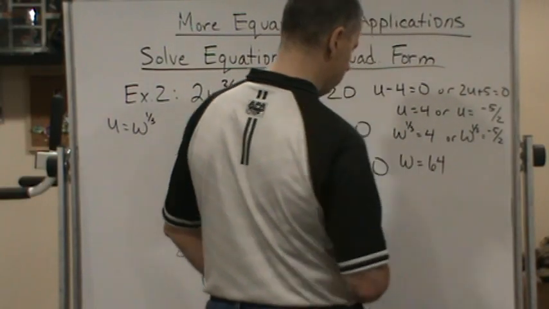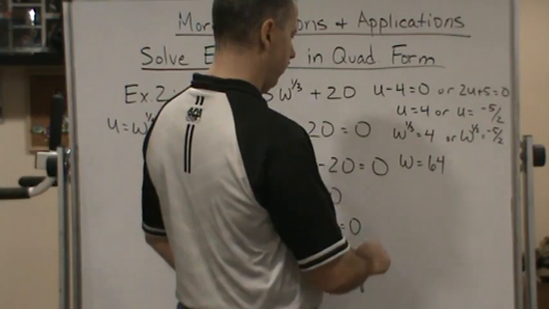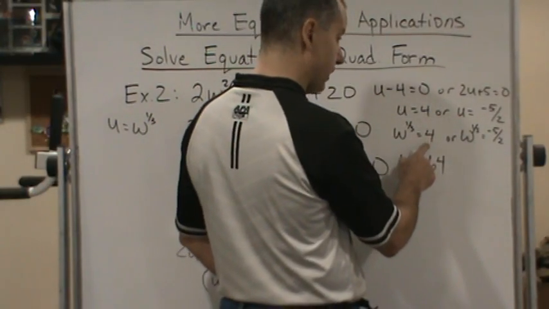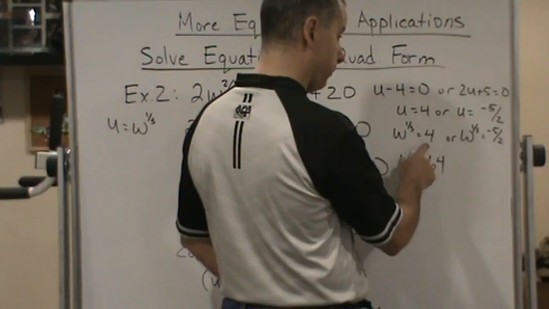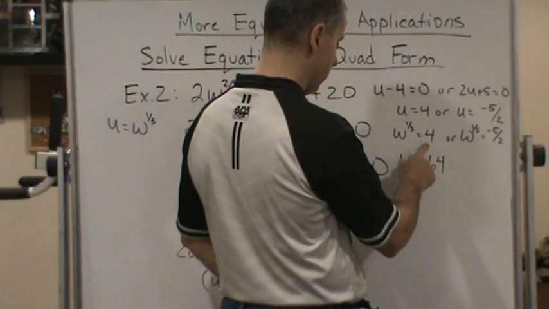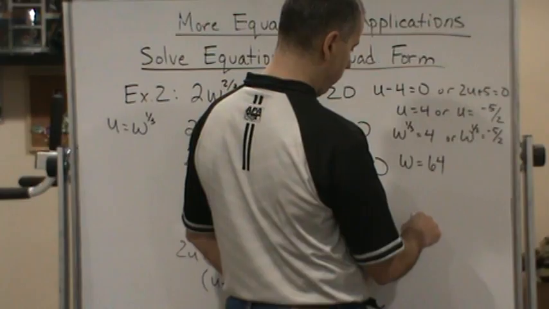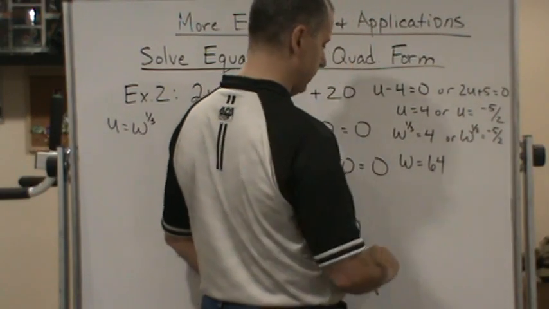Yeah, 4 times 4 is 16, 16 times 4 is 40 plus 24, yeah, 64.